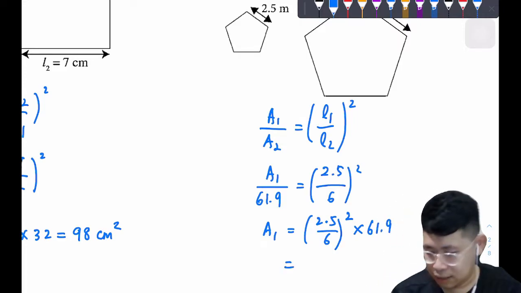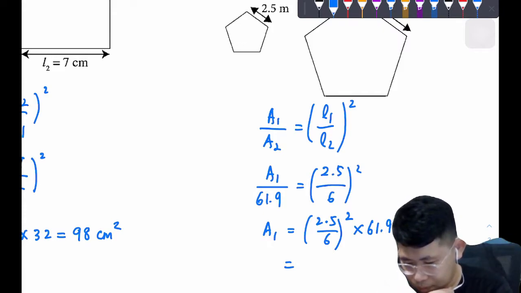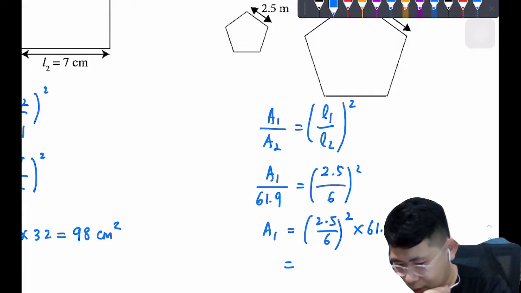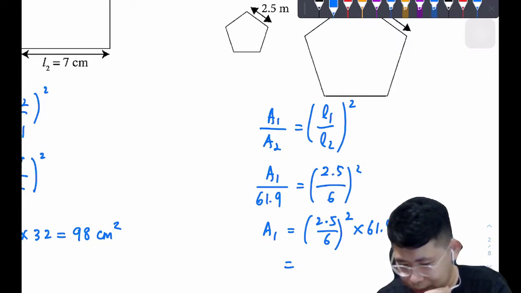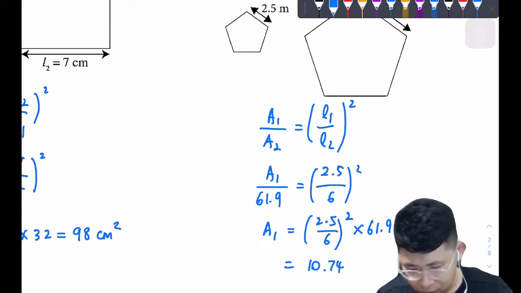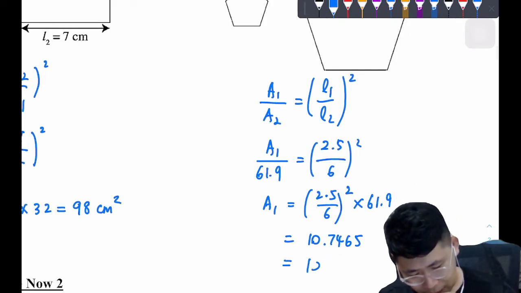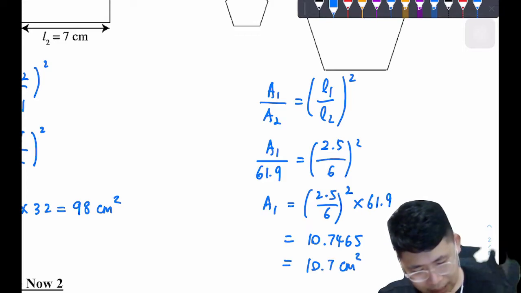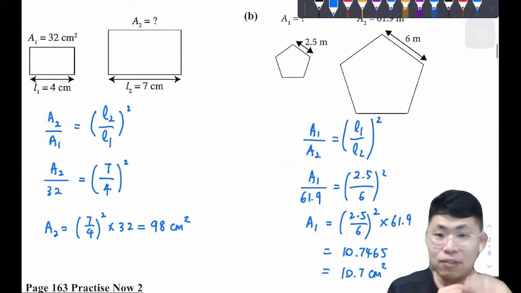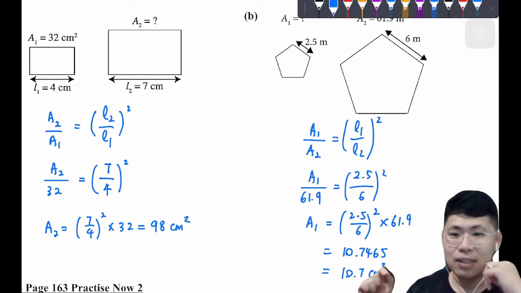Calculating 2.5 divided by 6 squared, then times 61.9, I get 10.7465, so I'm going to round this to 10.7 cm squared. As expected, the first shape is the smaller shape, so we get 10.7 cm squared.